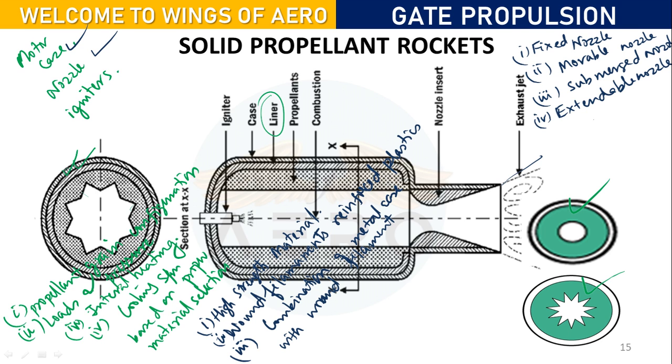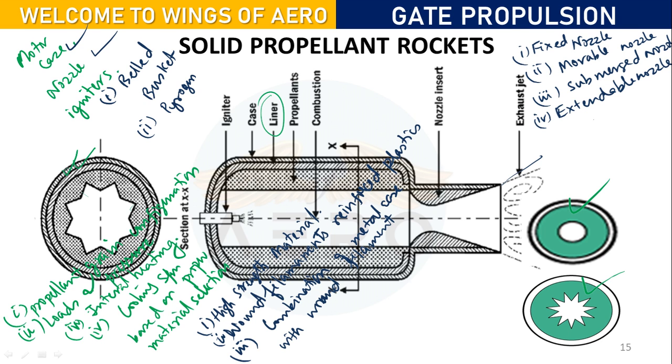Okay, clear? Shall I move to the next? Okay, next comes igniters. Igniters basically have two different types. One is the bailed basket igniter. The second one is a pyrogen igniter.